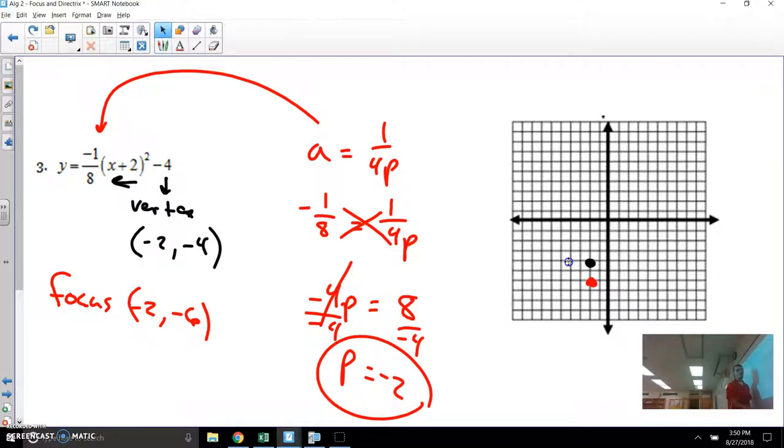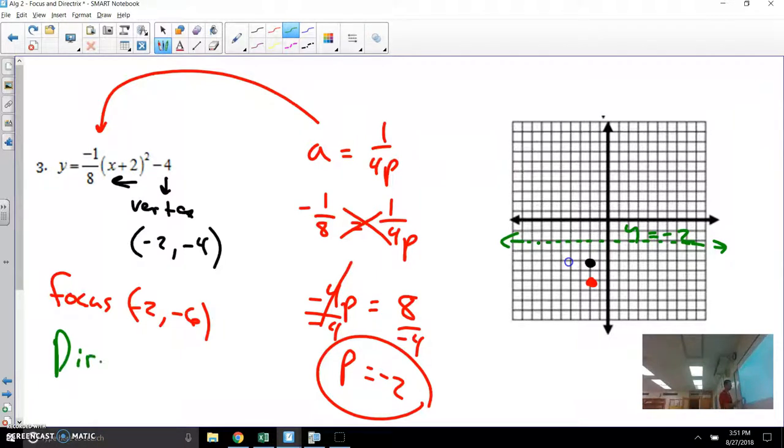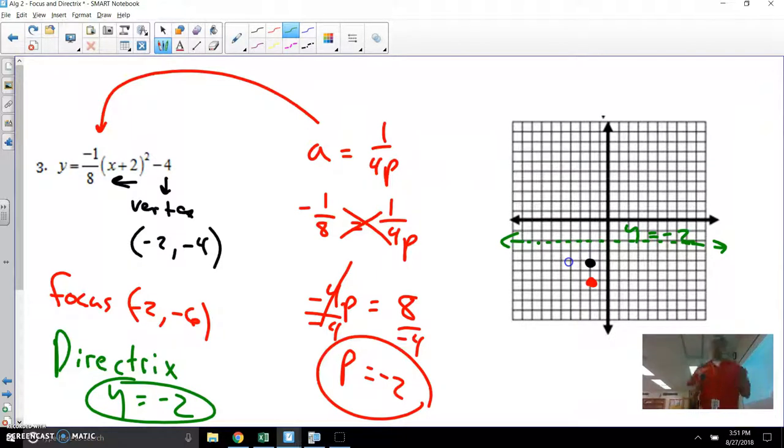Well, if that p-value is -2, then we could go above that 2, and that would be our directrix line. Y equals -2. Remember that the directrix is a line equation for a horizontal line, and then the focus is a point that should be inside the curve, because that kind of focuses the parabola towards a certain direction, whether it's positive or negative.